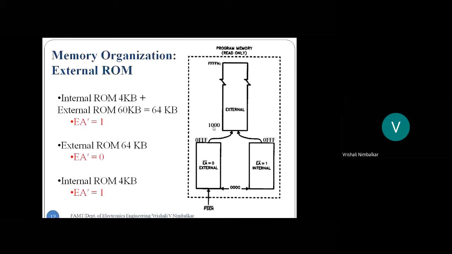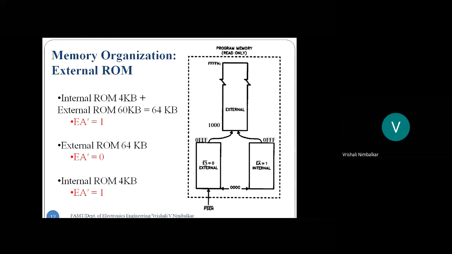So 1000 to FFFF becomes 60 KB. Okay, so how is the combination? In the first figure, EA bar is 0. Correct? EA bar is 0 means entirely 64 KB is external. It means 0000 to FFFF is external.